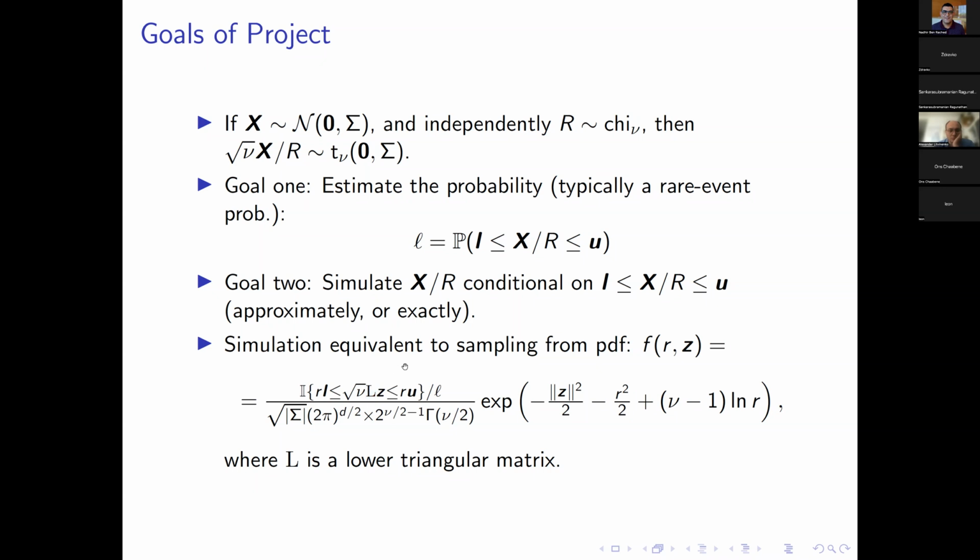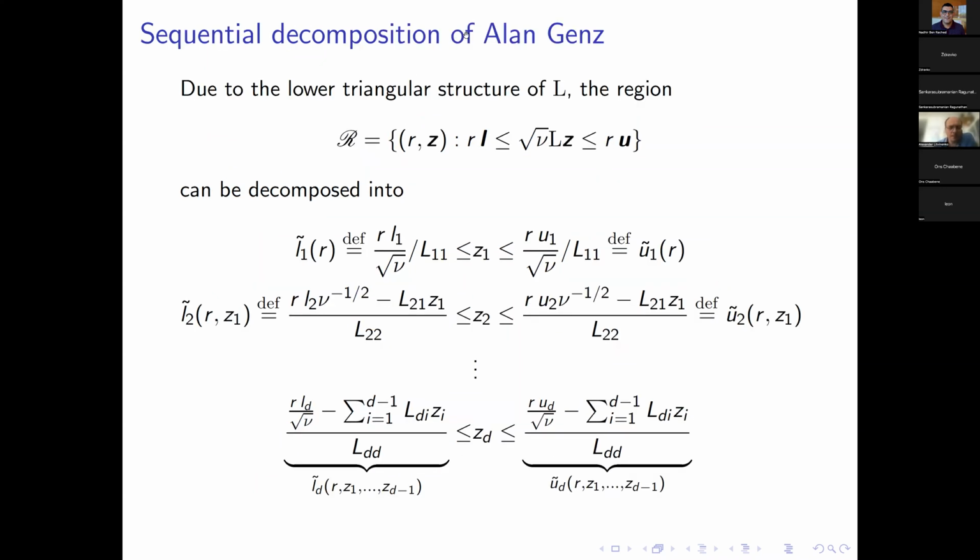And because of this structure, Professor Alan Genz, an American statistician, proposed a long time ago the following decomposition of this region over which we have to integrate. Because L has a lower triangular structure, the region can be decomposed in this way.